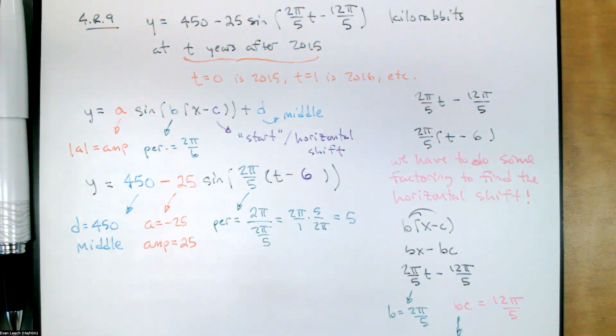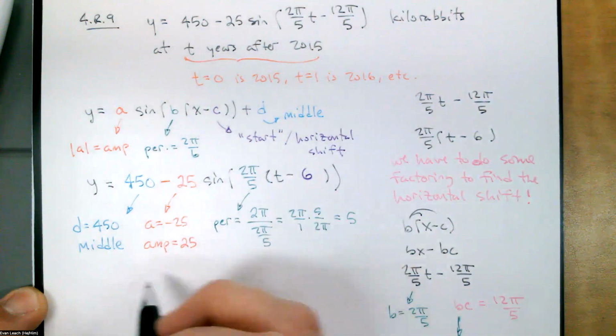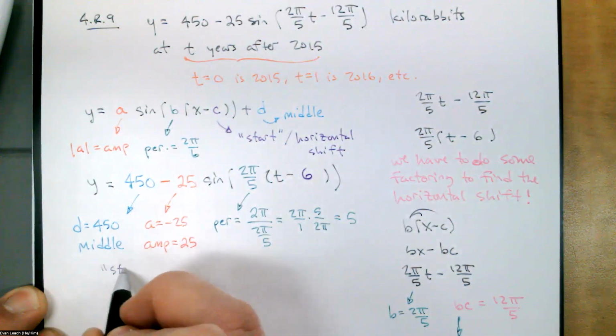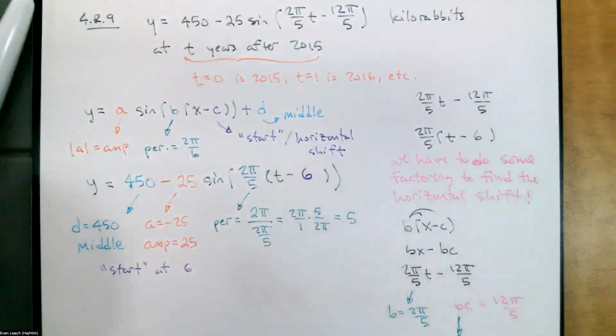So let's read some more. We have this ridiculous horizontal shift of 6. That tells us that we're going to start at 6.